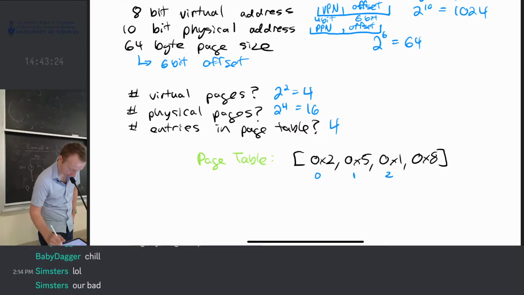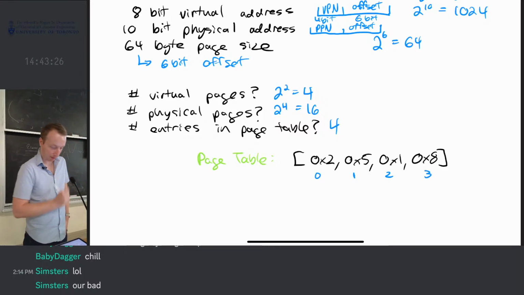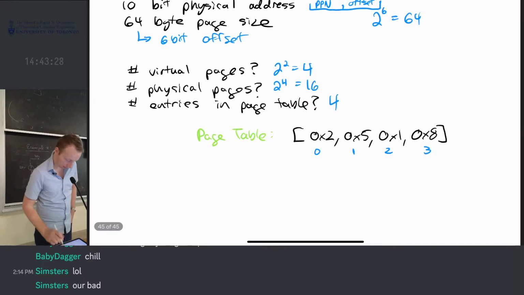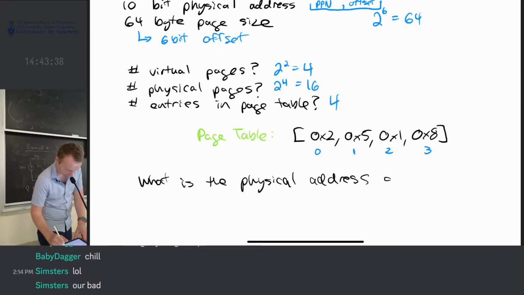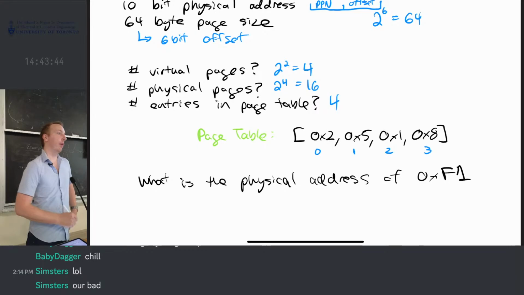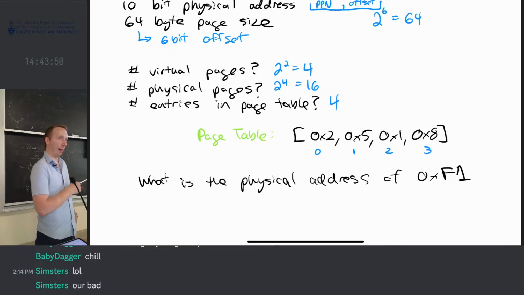So it's just the index into this big array. So our question was, what is the physical address of hex F1?